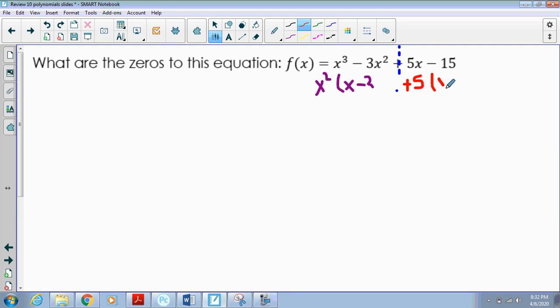And when I do that, I'm left with x minus 3. And notice that those are the same, the x minus 3, so that's going to be one of our factors. And the other will be x squared plus 5.